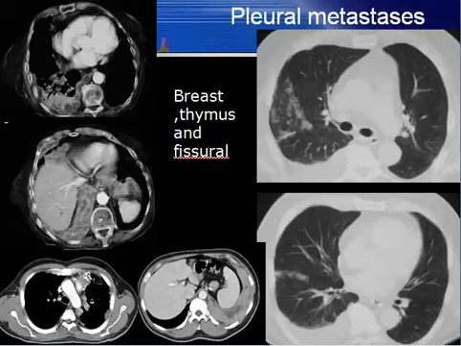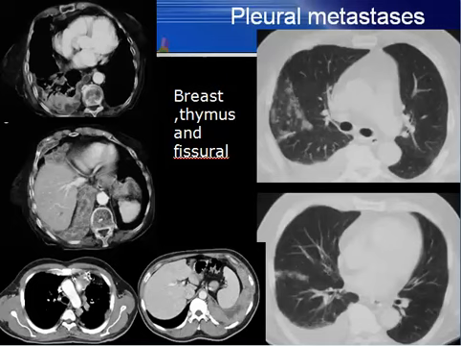Now here we have multiple nodules along pleural lines, and here you have evidence of something encasing. Here we have multiple pleural lesions extending around into the recesses. These are the appearance of pleural metastasis if it is involving fissures.